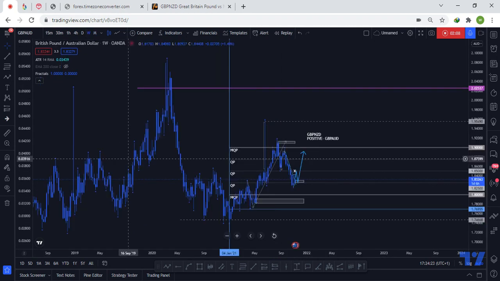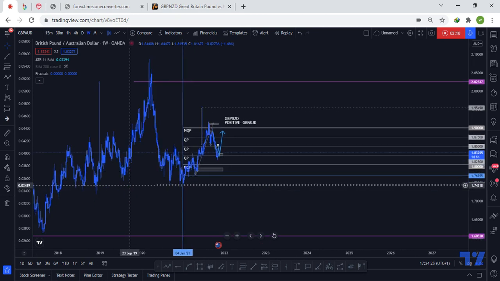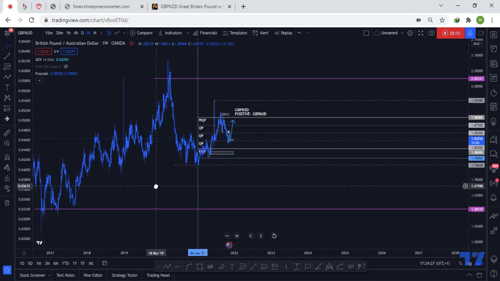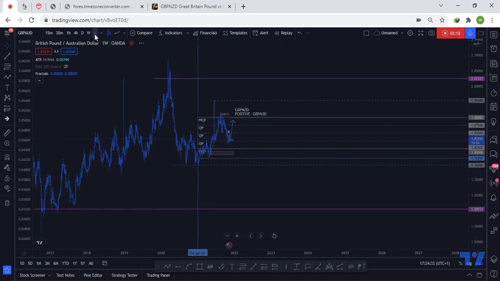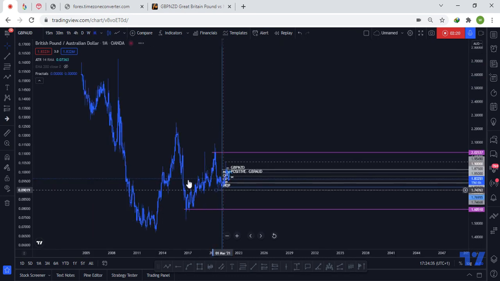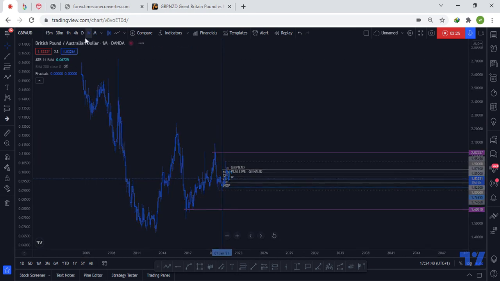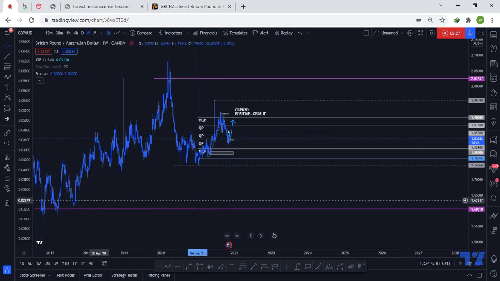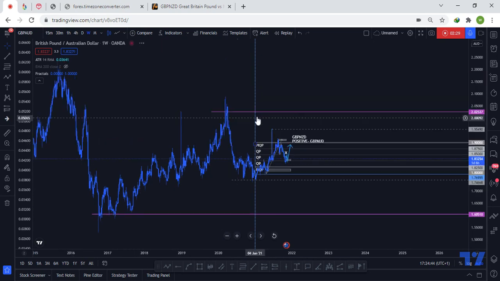So what I'm looking at is my monthly range. We are very well in this range. Trying to expand it through the weekly, and in the range we are trending upward.